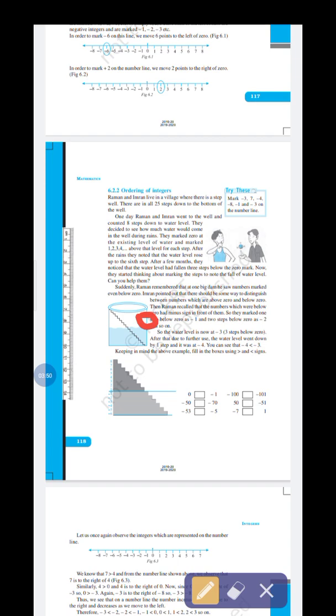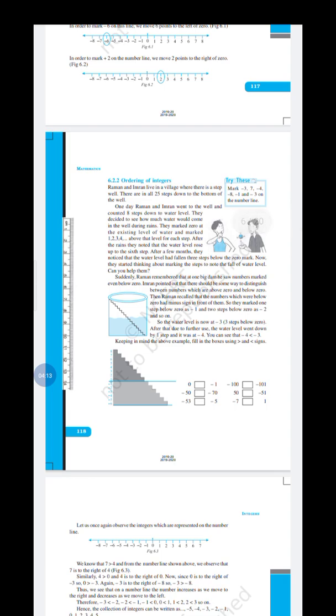Now they started thinking about marking the steps to note down the fall of the water level. Can you help them? Suddenly Raman remembered that at one big dam he saw numbers marked even below 0.